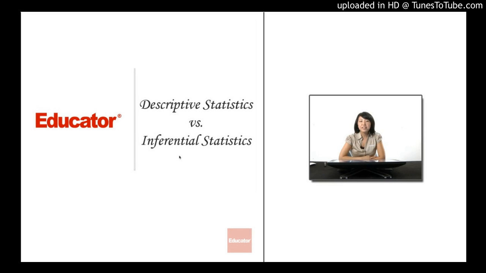Because this is the data that I used in order to create my line. And if I stay within the range of my data, that's called interpolation. But if I go outside the range of my data, that's called extrapolation.